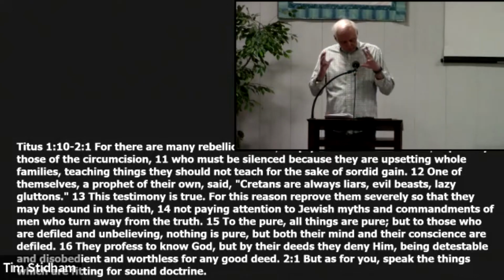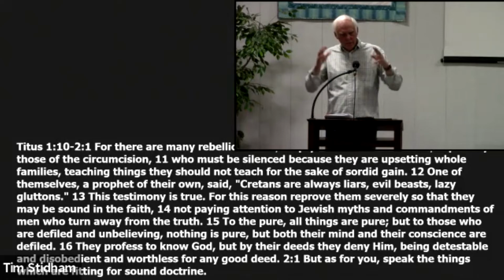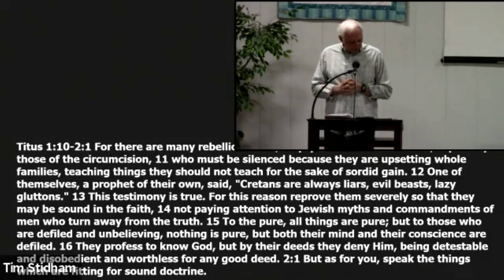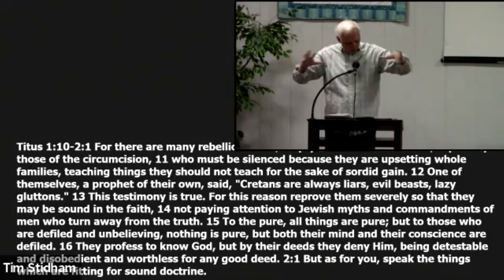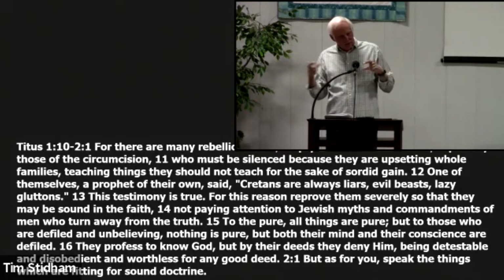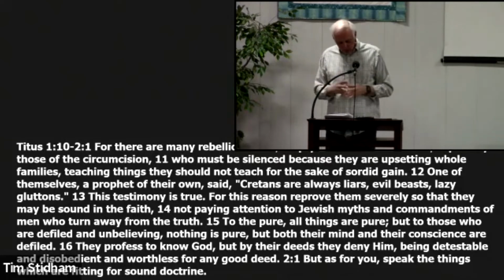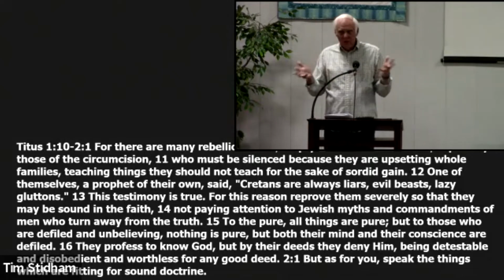And so what we're going to try to do is pick up the flow of these verses. From Titus 1:5-9, Titus is supposed to select anyone who has these qualifications. And then he has a little insert between verses 10 through 2:1 about why it's important.